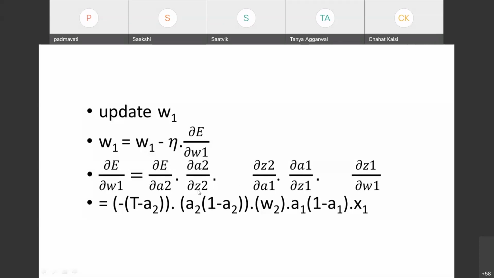The derivative of A2 with respect to Z2 comes out to be this value. Z2 with respect to A1 will come out to be this particular value. The derivative of A1 with respect to Z1 will come out to be this, and this comes out to be X1. You can go back and check the equation. Fine. And you must get the same derivatives.